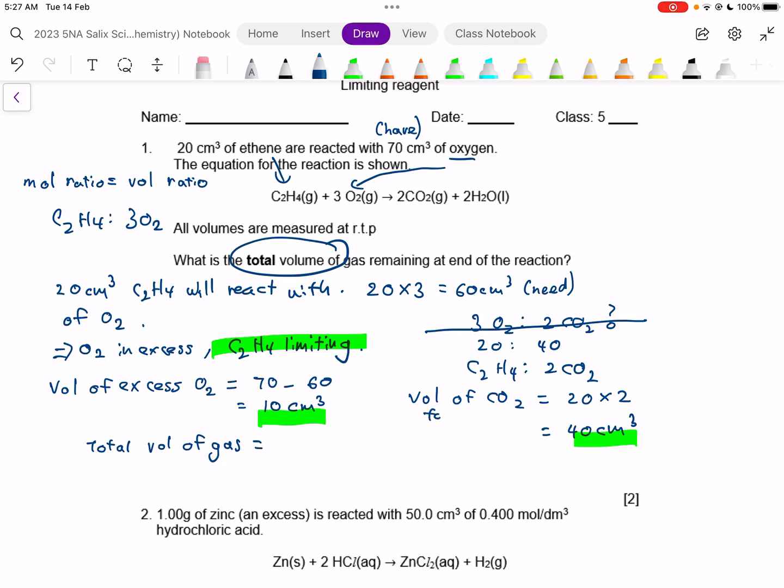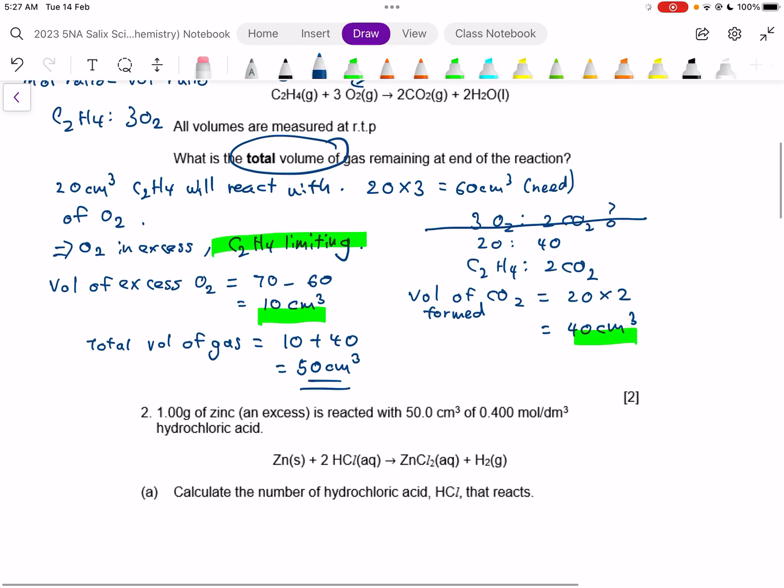So 10 plus 40, you get 50 cm³ in total. That's my final answer. I need to add your excess O2 together with the CO2 formed.